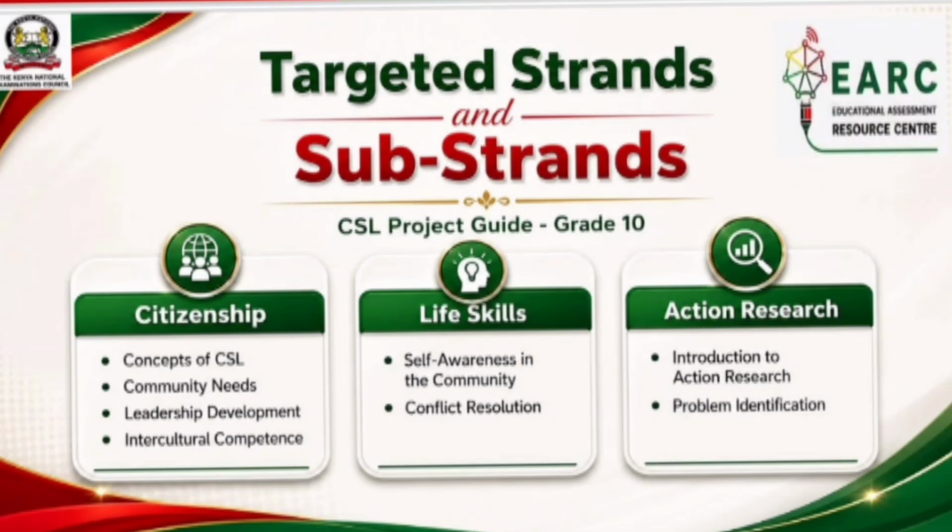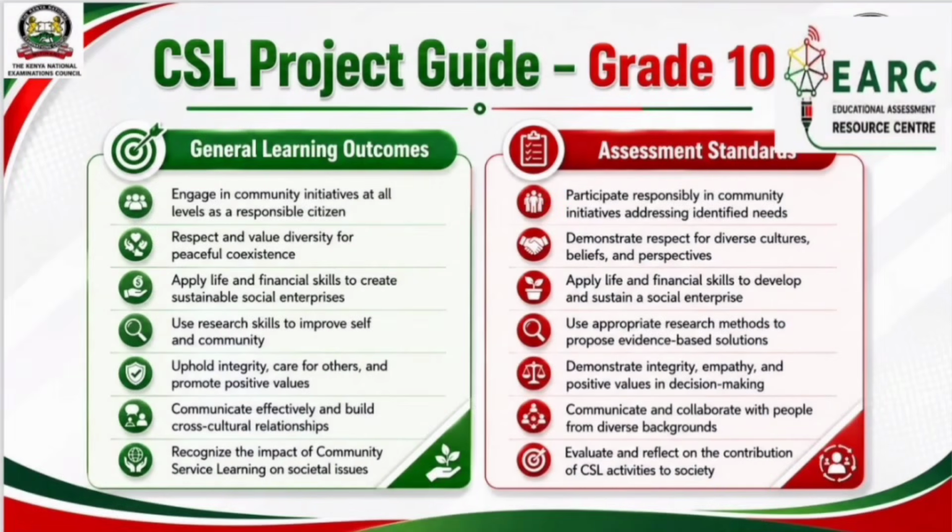If you look at the assessment criteria, you'll find that students must participate responsibly in the community initiatives, target identified community needs, show respect for diverse cultures and beliefs, respect different perspectives and ideas. They must apply life and financial skills.